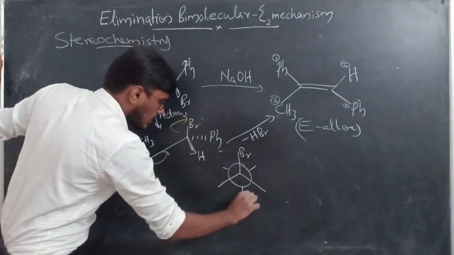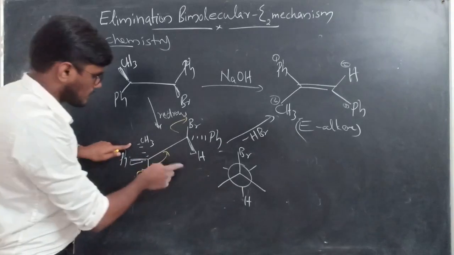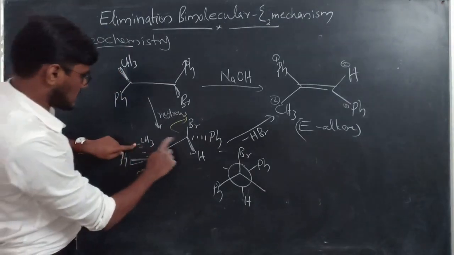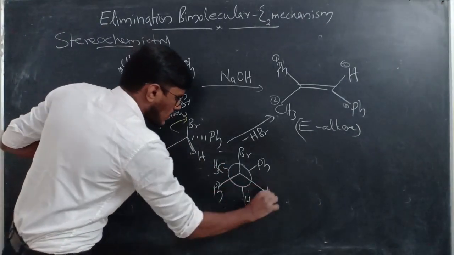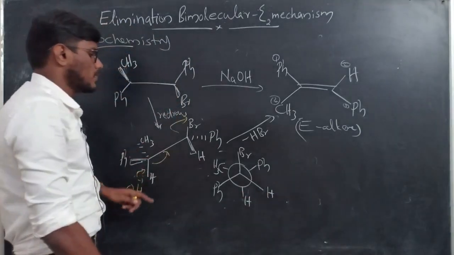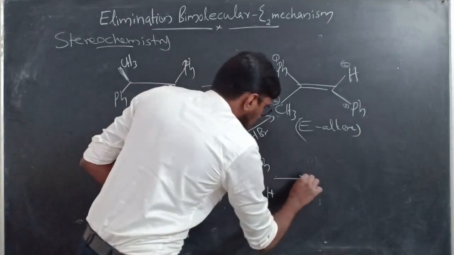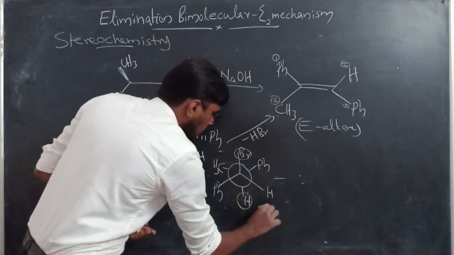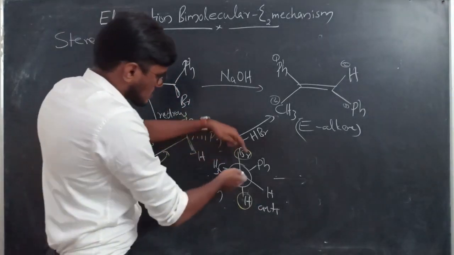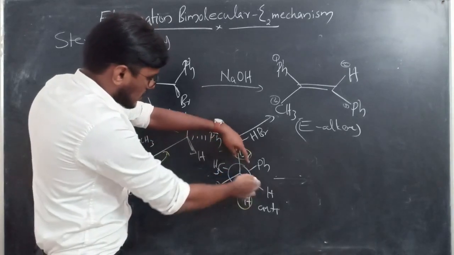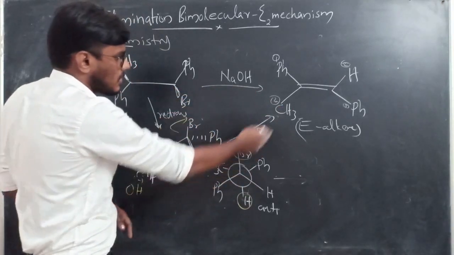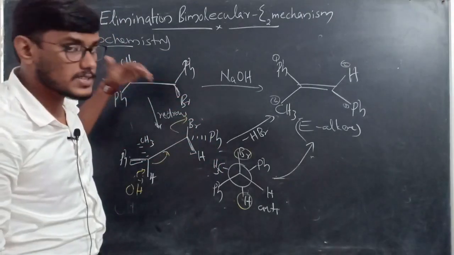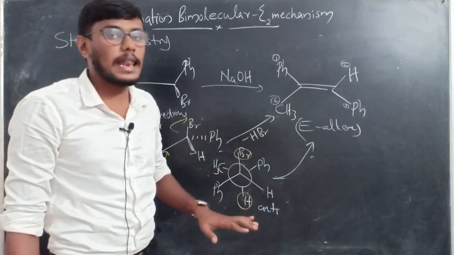Here Br, H, and in the next here Ph, and here the Ph, and CH3 and H. Here the CH3 and here is the H. And on elimination, this H and Br are anti to each other, they are eliminated and give the alkene like this, Ph and H, E alkene will be the product. You will get the product like this. So this diastereoisomer of this compound gives the E alkene.